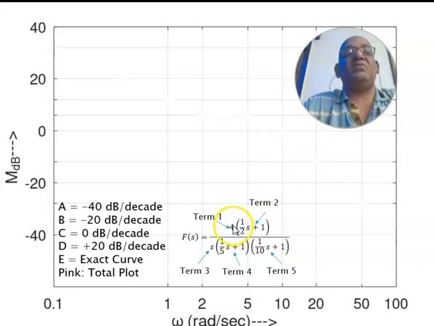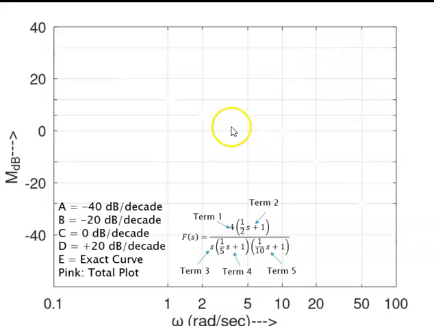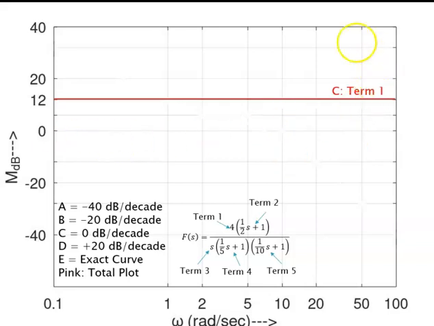So the contribution of this 4 at all frequencies is 12 decibels throughout. Let us show that. At 12 it is constant throughout. I have indicated that here with letter C, that C is 0 decibels per decade.